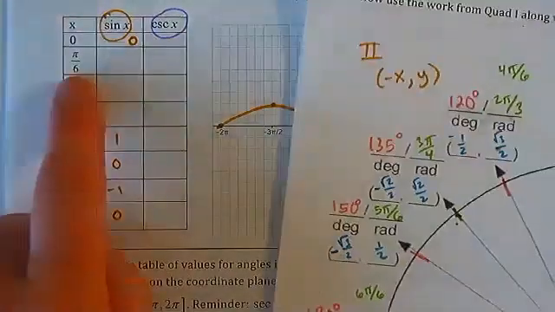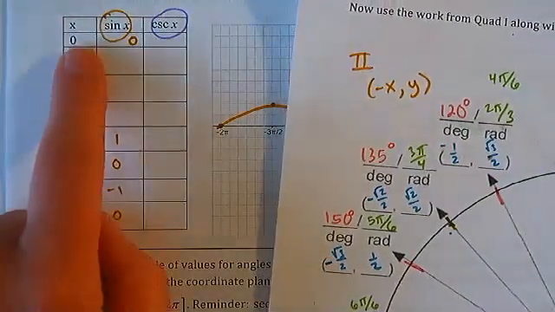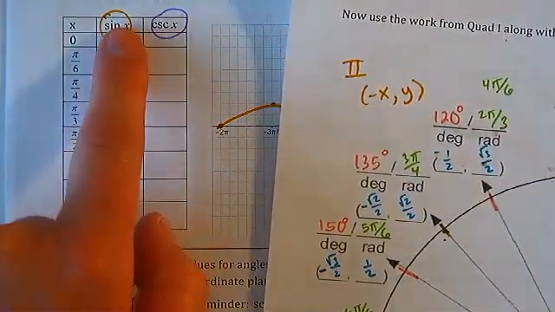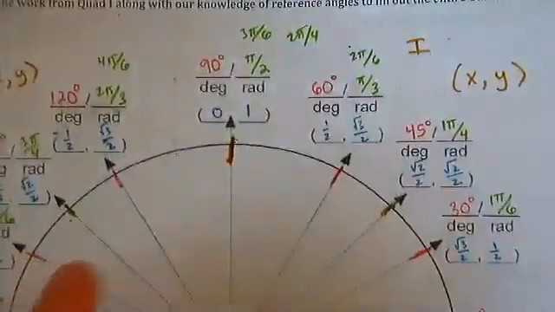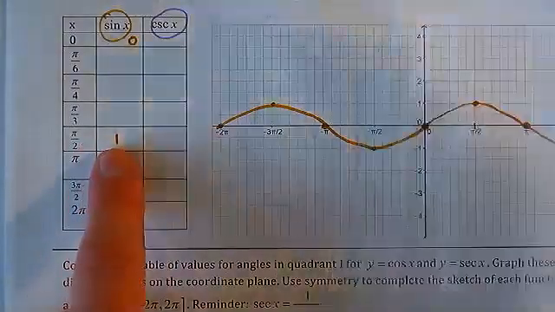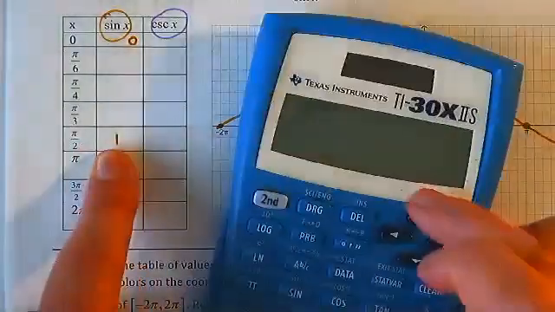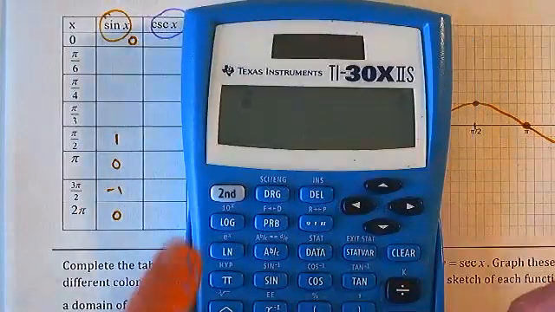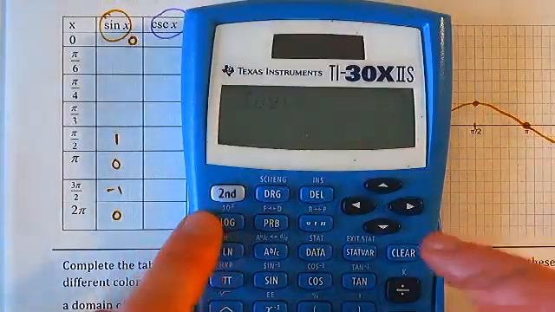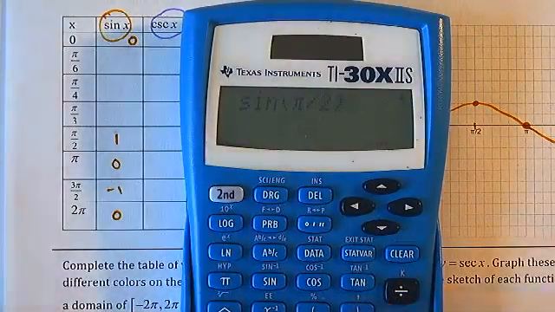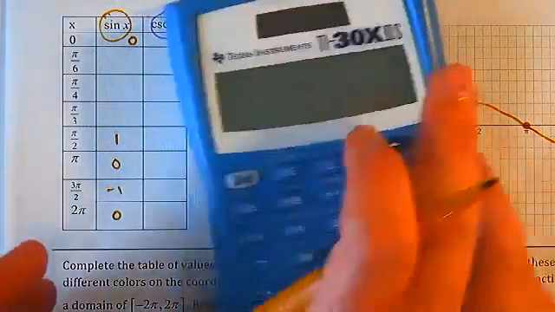How do we find sine of pi over 2? Well, sine is the y value on the unit circle. If we go to pi over 2, what is the y value of that coordinate point? 1. And that's why sine equals 1. Same thing in the calculator, only this will only work in radian mode. We do sine of pi over 2, and we get 1.